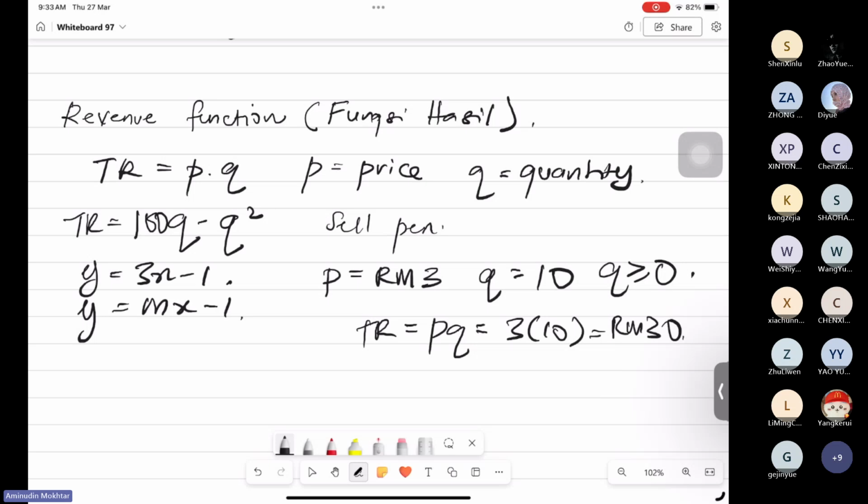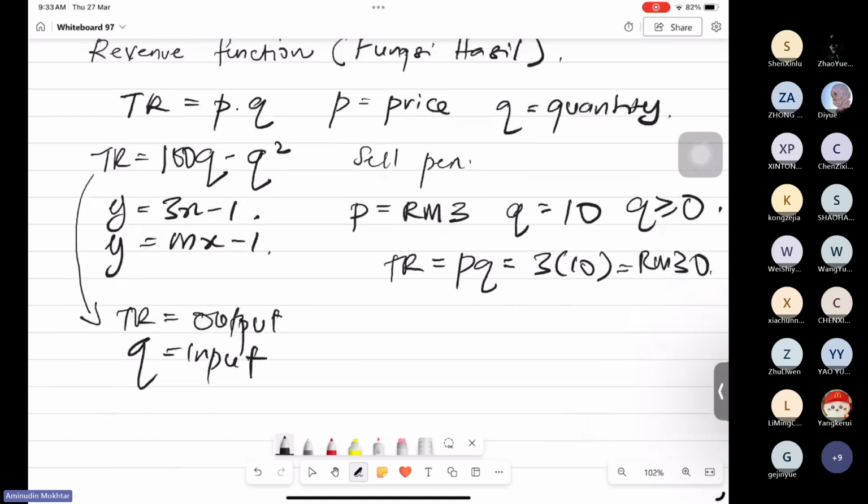So now, based on this theory, we can identify this equation. TR is the output. Q is the input.